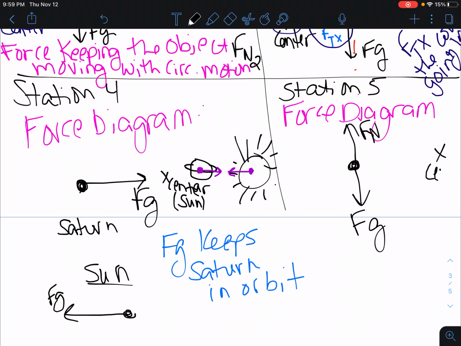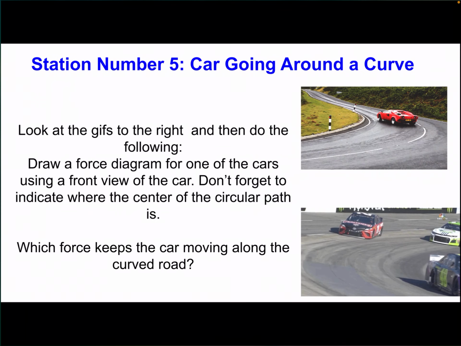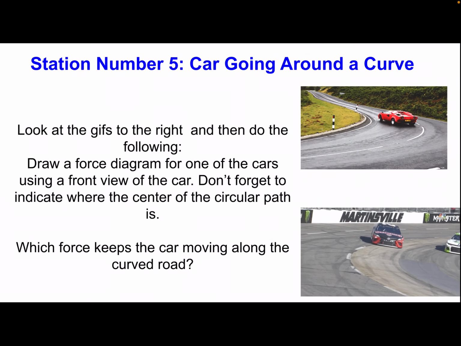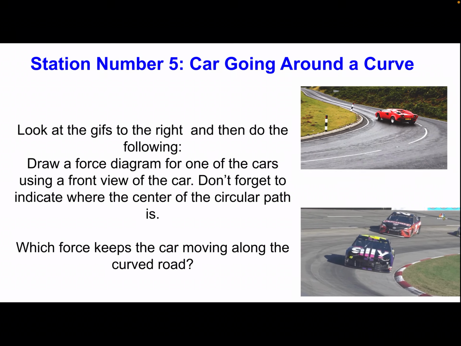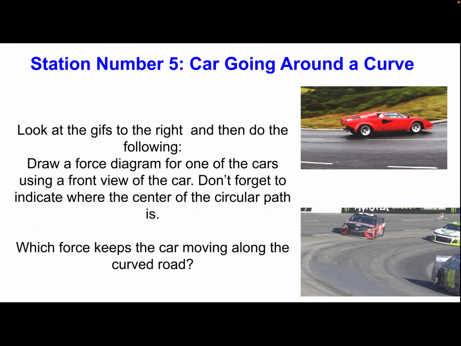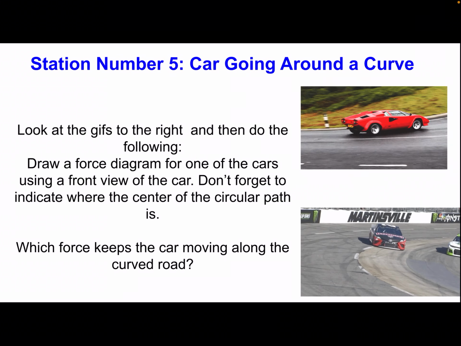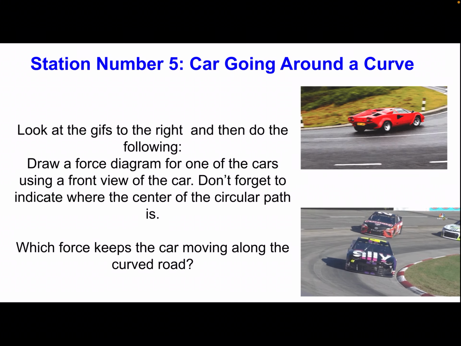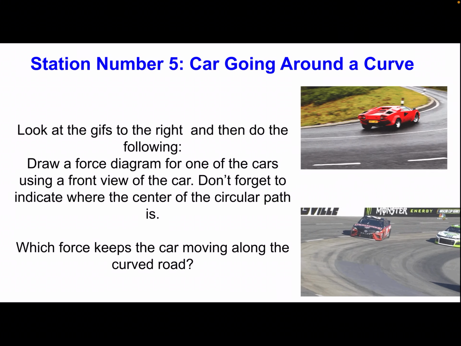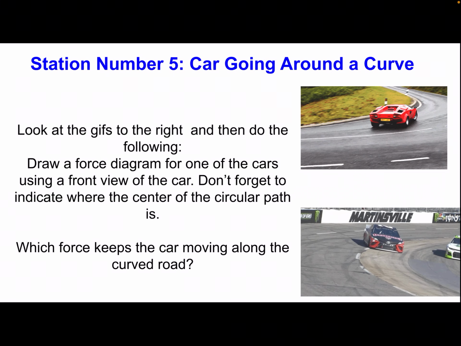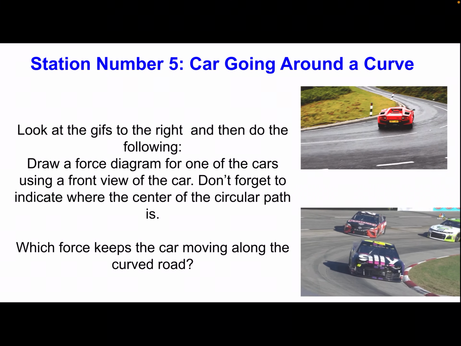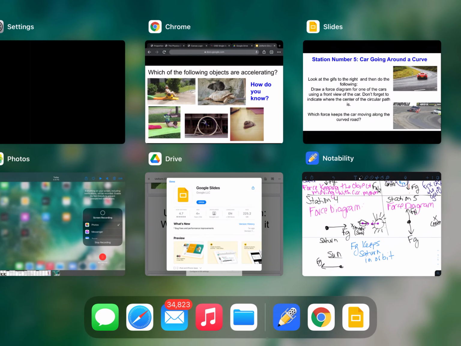I'm going to put the center of the circle over here. So there has to be a force that keeps those cars moving in the circle. So if my center of my circle is to the right, that means that the cars, if you look, that red and black car in the bottom GIF, you can see him sliding out, okay? You can see the red car on the top sliding as it goes around that curve.